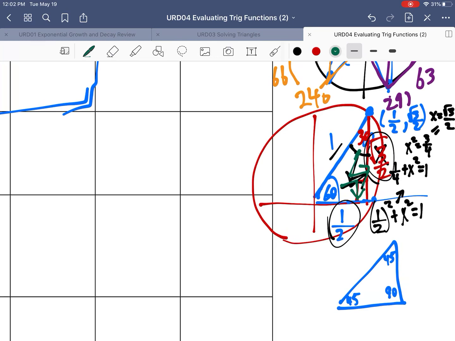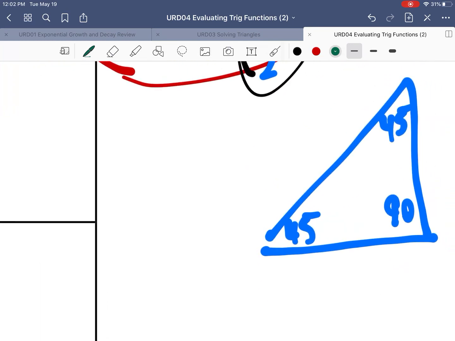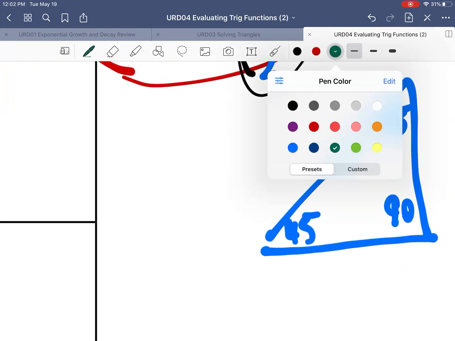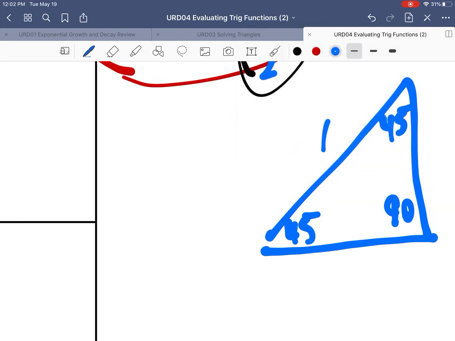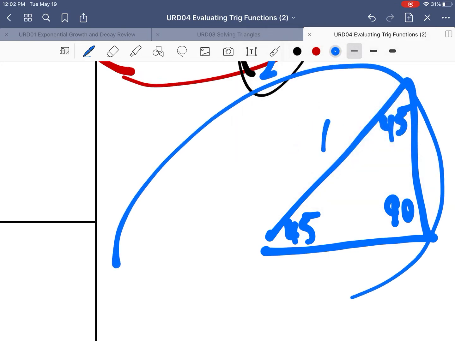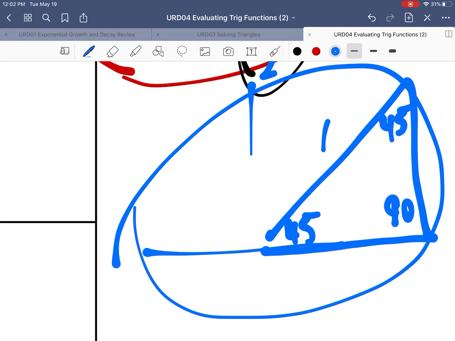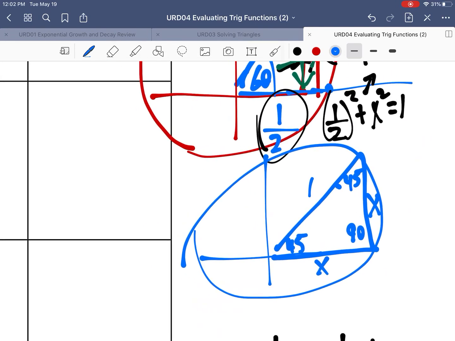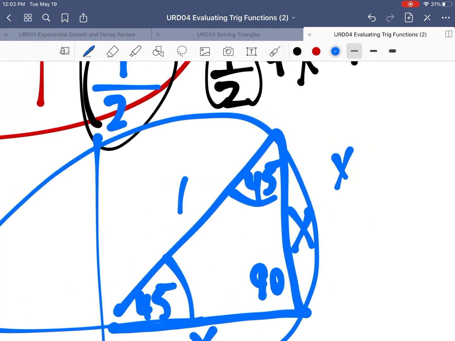Now 45 isn't in this triangle, so we have to make a separate triangle for that. So I have another triangle here. We're going to label the side measurement of the hypotenuse as 1. We're going to draw a unit circle once again. So these sides are the same because of the base angles being the same.